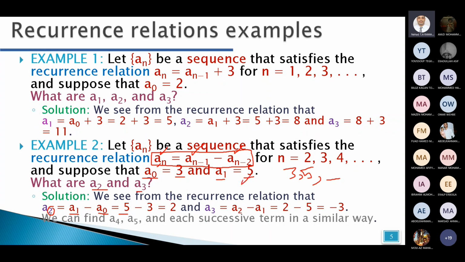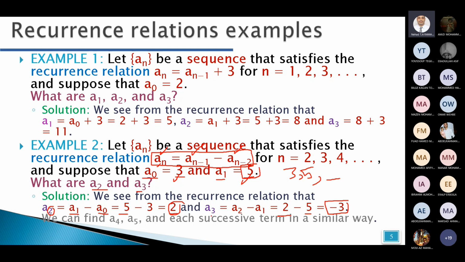Okay, A3 is A2 minus A1. A2 is 2, minus A1, which we get from here, which is 5. So the result is minus 3.